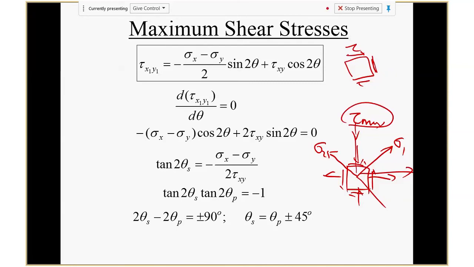Can it be 0? No, if it's 0, you won't be in balance. There will be movement. There must be shear. So what's the tau here? Exactly the same maximum amount. So if this is the tau maximum direction, then if you go 90 degrees away, either way, that's another tau maximum direction.